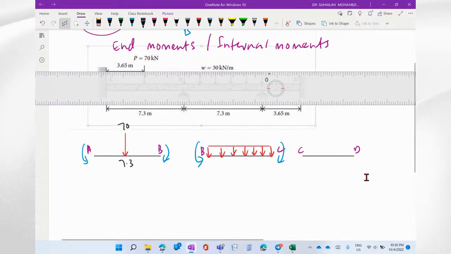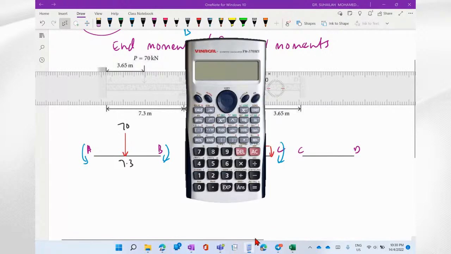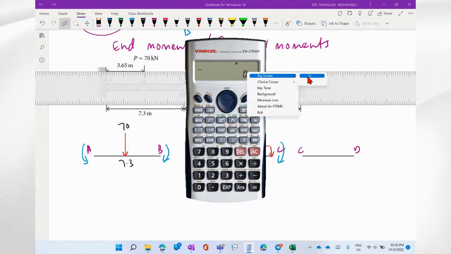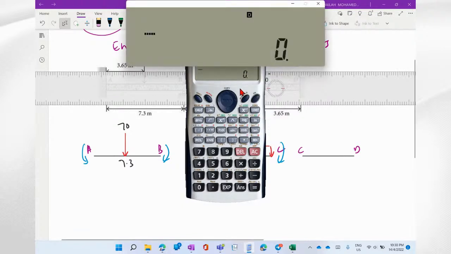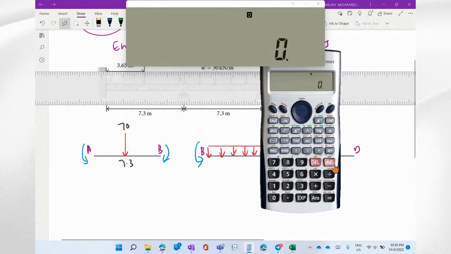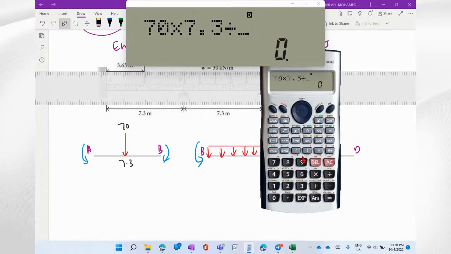So we can calculate the moment here as PL over 8. P is 70, L is 7.3, divided by 8.